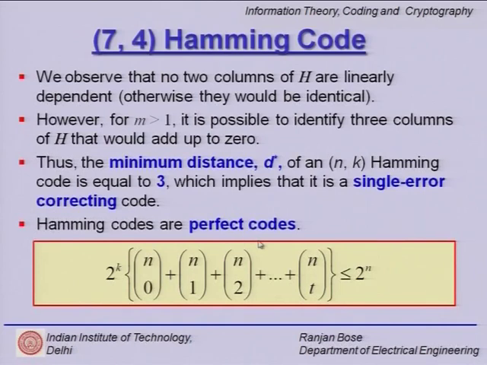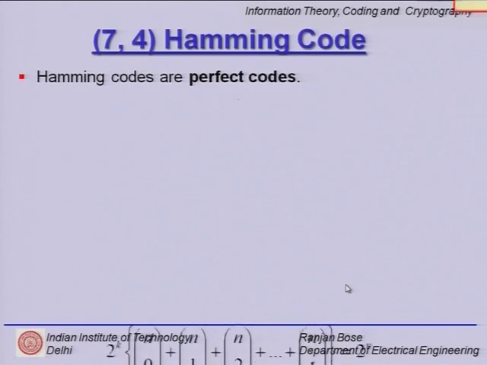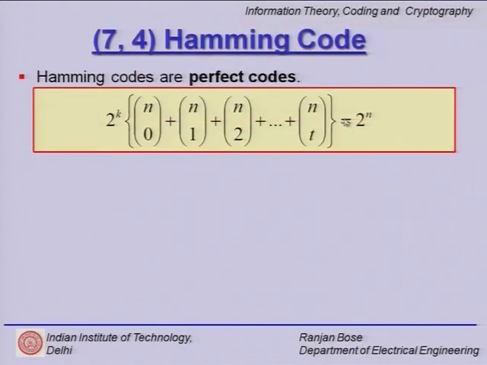Now, for perfect codes we need to check this condition, because this inequality should be met with equality for a perfect code. So, we put this equality: 2 raised to k times the sum up to t error correction should be equal to 2 raised to n.